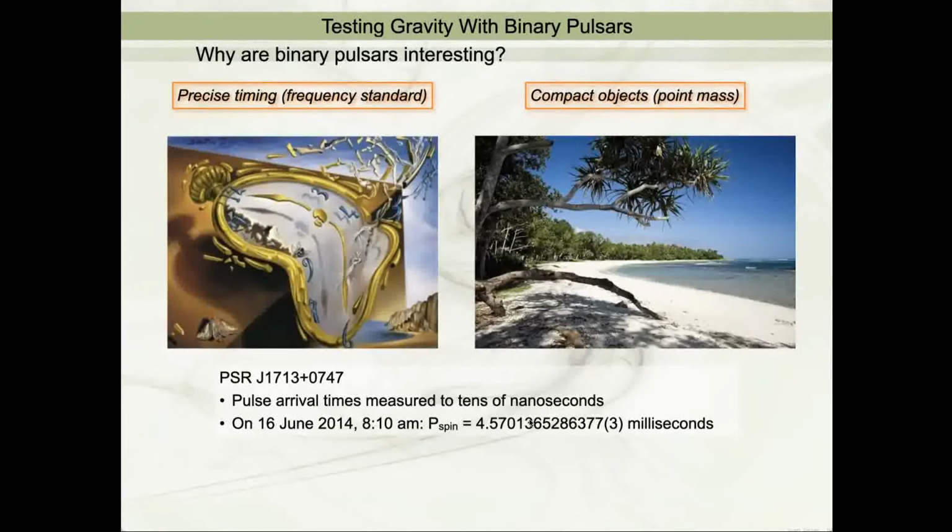Whereas if you have two other objects that are not as compact, like say the Earth orbits around the moon, well, they orbit each other, and then we orbit around the sun. And okay, we can measure our orbit fairly well, but every day there are tides.